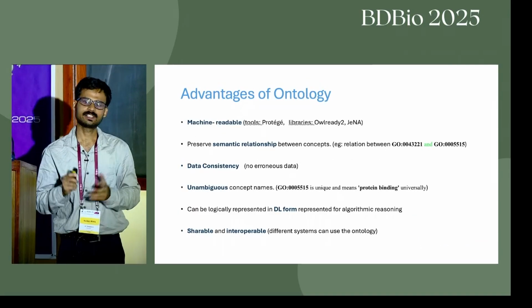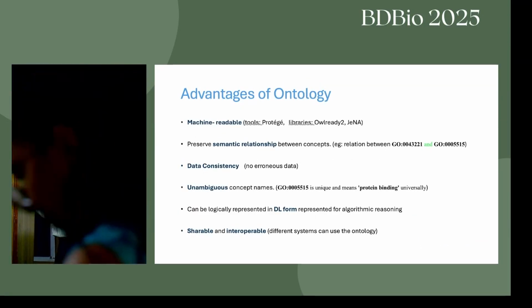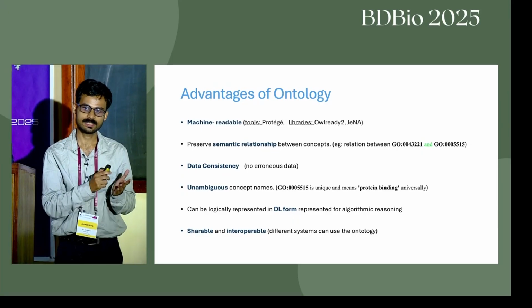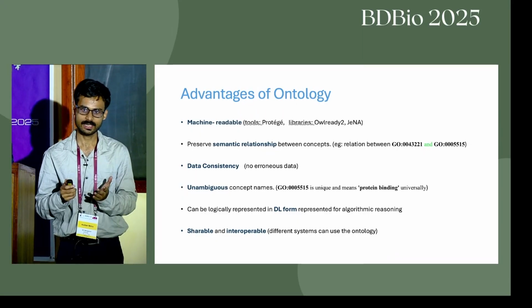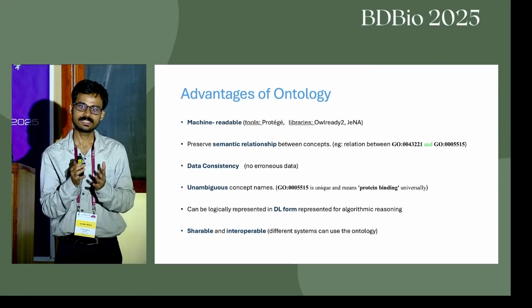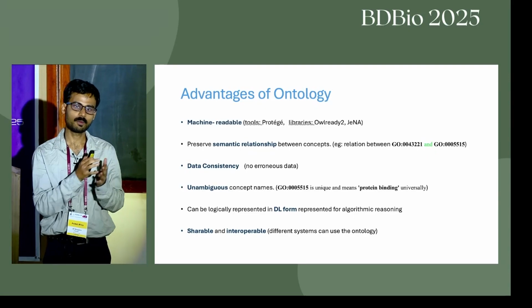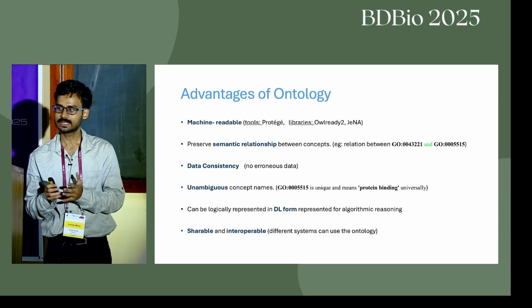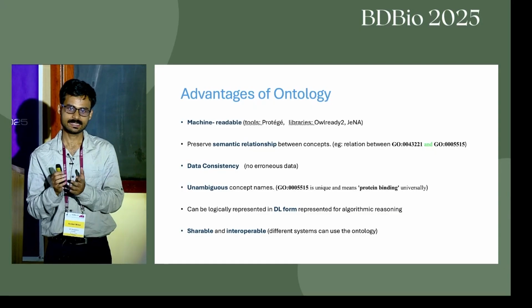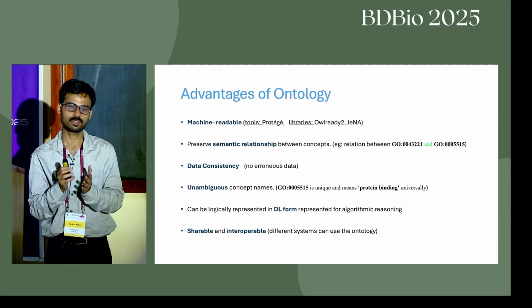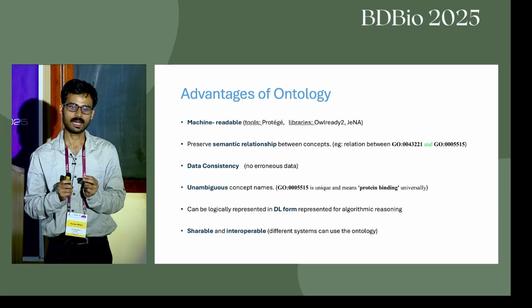So what are the advantages of ontology? First of all, it is machine readable, obviously, so you can process it using some software or programming language. Secondly, it preserves the relationship between the related components in the ontology. Third, it is data consistent, that is, there is no erroneous data in the ontologies. Fourth, each and every concept in the ontologies is unambiguous.